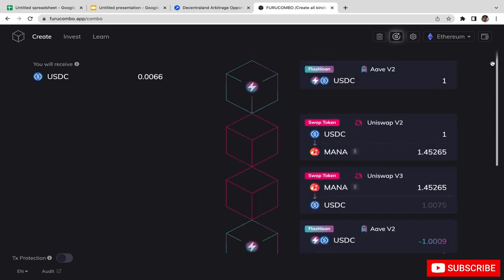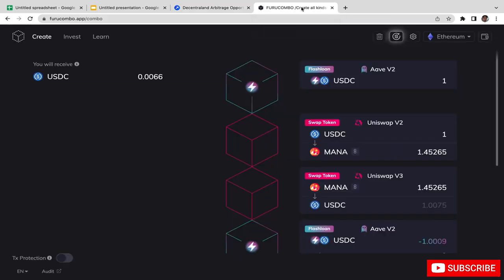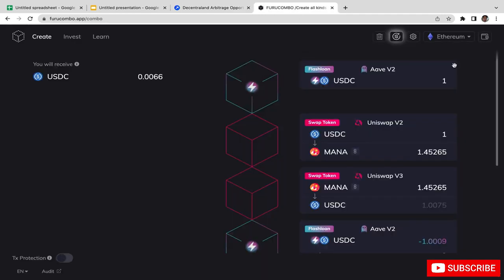At the very least, you have CryptoRank.io as a tool to see if there is an arbitrage opportunity. If there is no arbitrage opportunity for a coin that you're looking for, don't worry, just try to search another coin. It might take a while.